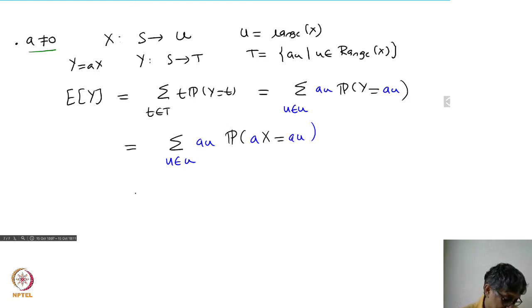So it's the same as the sum over u in U of u times the probability that X equals u, where the a just cancels off. Excellent.